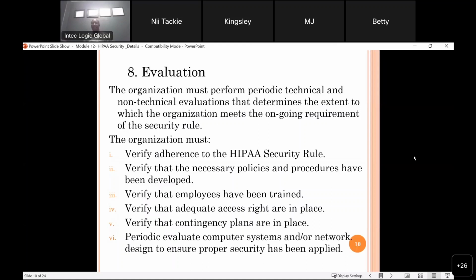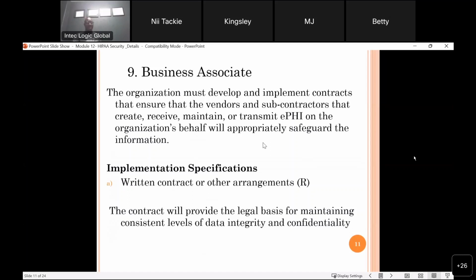Are my computer systems and network designed to work as HIPAA requires? Put on a brake, that's what HIPAA says. Most of the time, this is supposed to be done every 6 months. So if you work as a HIPAA security officer, you put on a brake and evaluate your HIPAA processes to see whether you are in line with HIPAA. So that is what evaluation is about, and it is a required one.